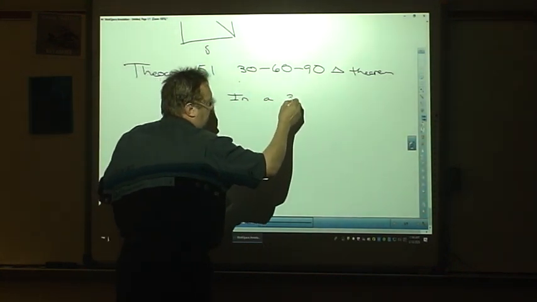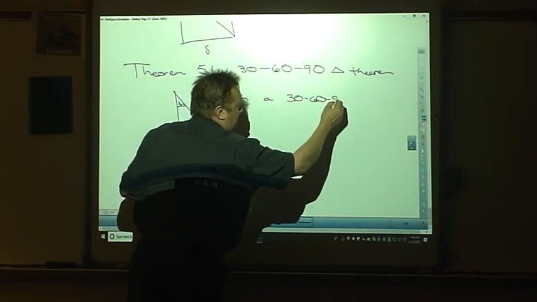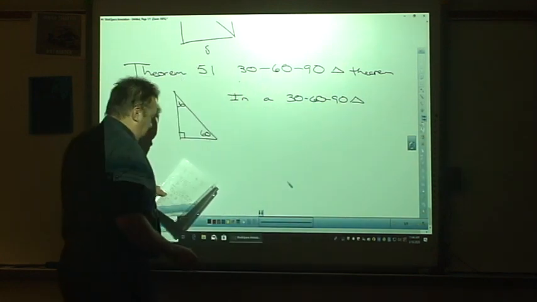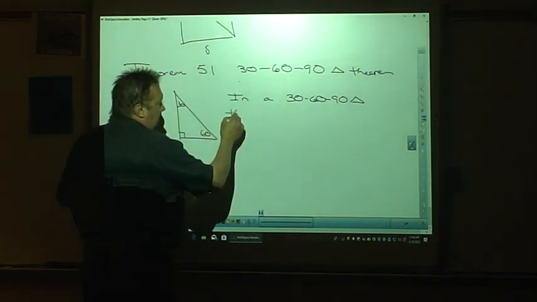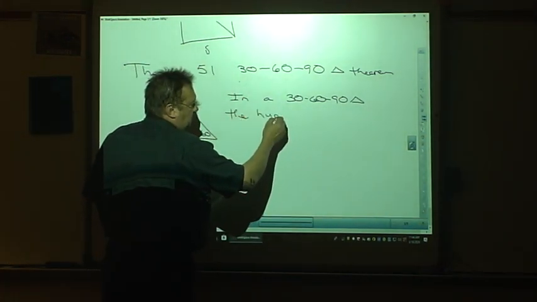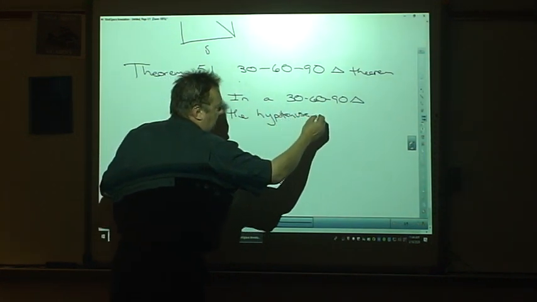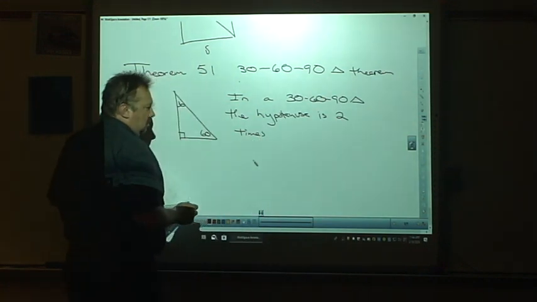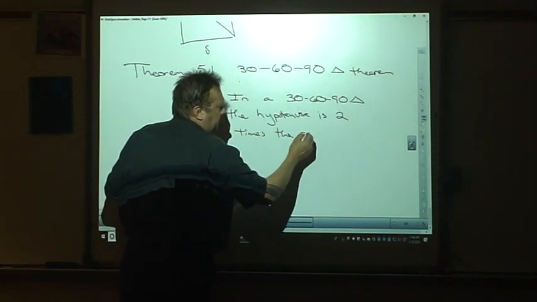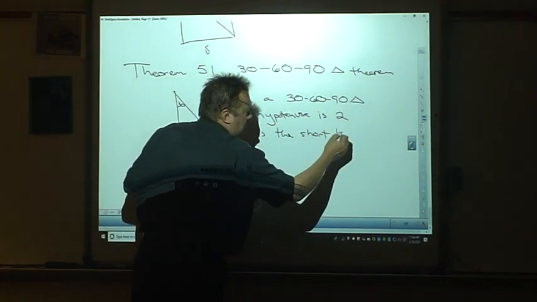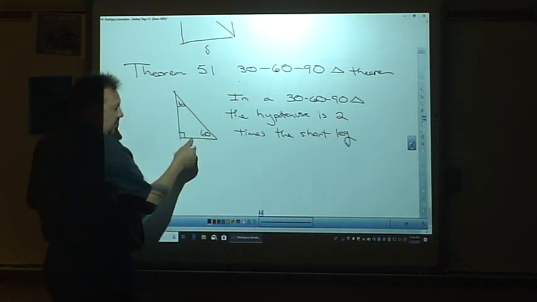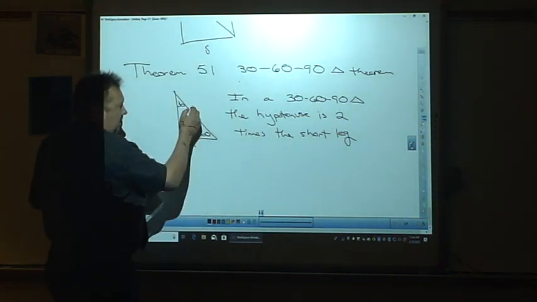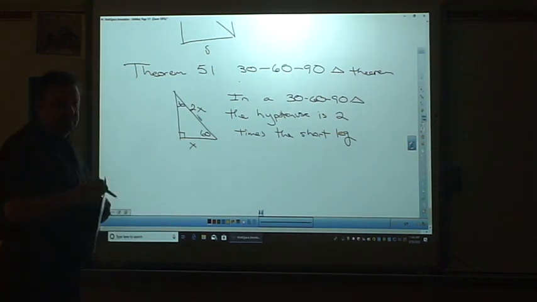In a 30, 60, 90 triangle, the hypotenuse is 2 times the short leg. This is opposite 30, so it's the short leg. And the hypotenuse is always 2 times that.